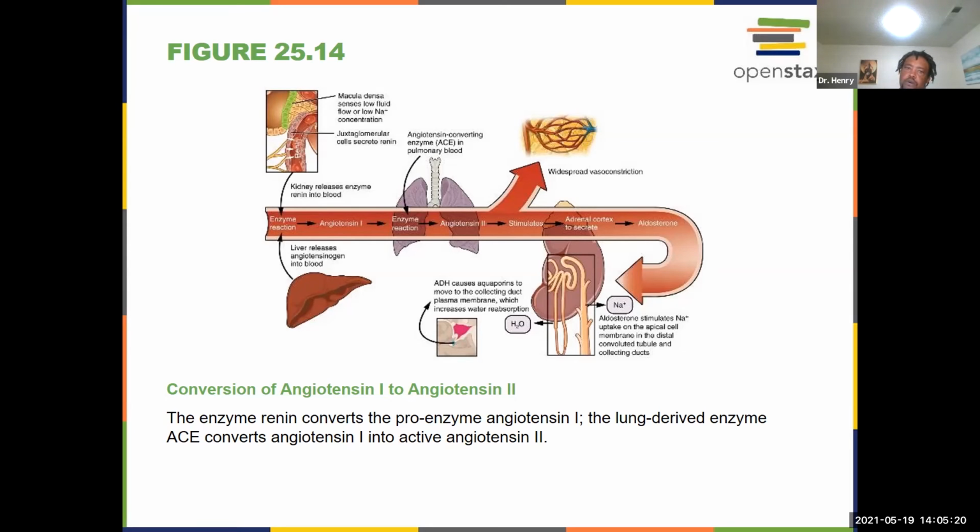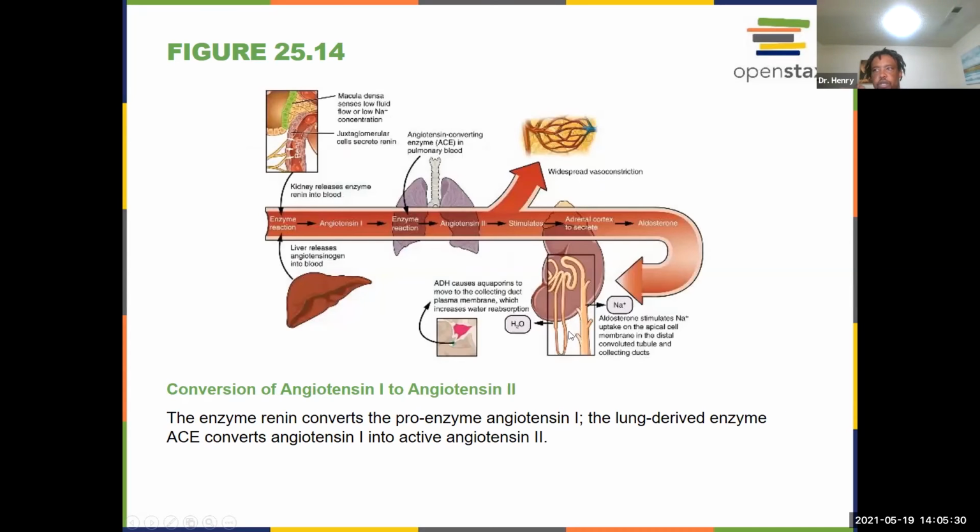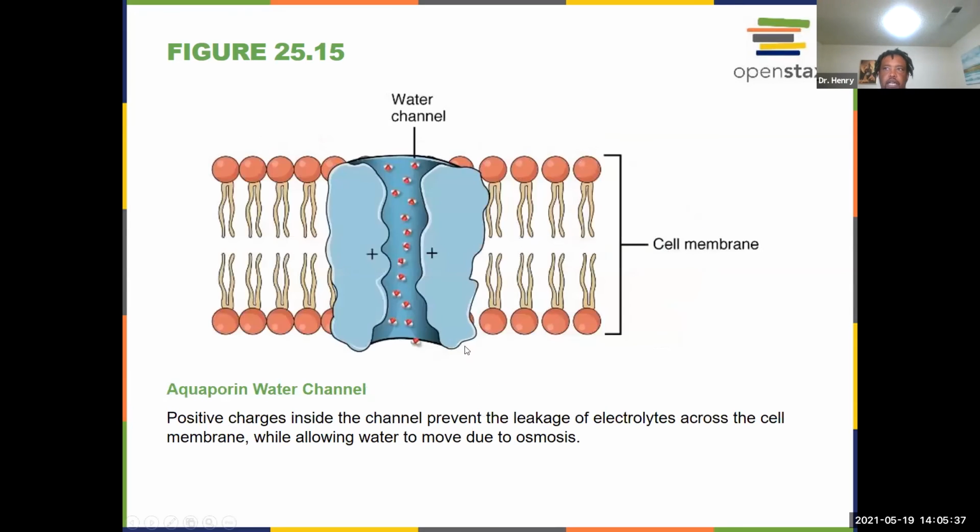Sorry, this is an aquaporin channel, and the way it works is that we get the uptake of the sodium ion. That uptake of the sodium ion is going to cause this channel to open up so that we're able to allow water to move through.